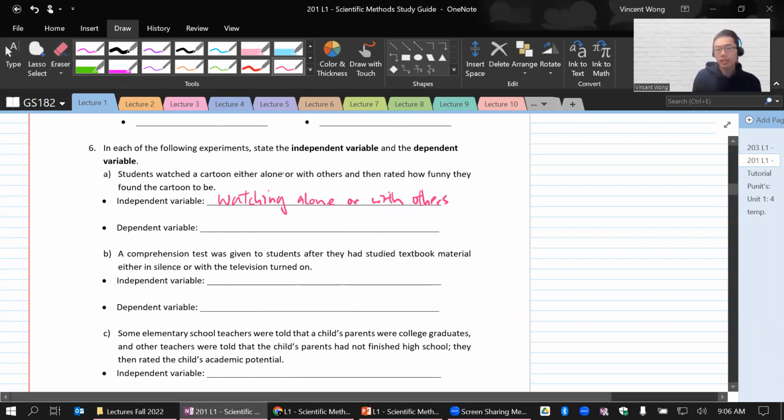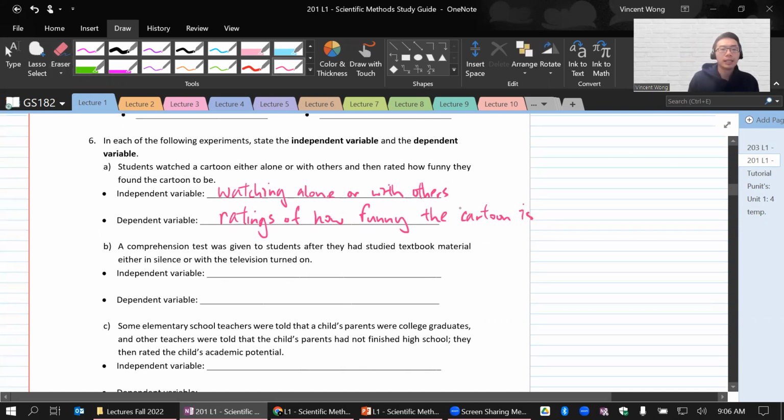That's the one you can control. You can either let them watch it by themselves or put them with others. So that's the independent variable. And then the dependent variable would be the rating of how funny the cartoon is. That's the end result that you want to see.